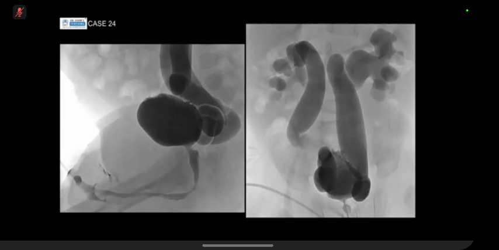Otherwise, there is grade 5 reflux appreciated on both sides on the serial next image, with ballooning of the calyces more on the left side, and blunting of the papillary impressions.